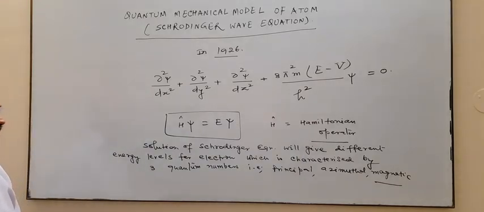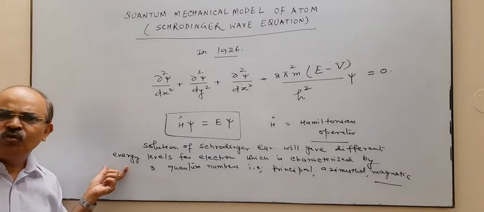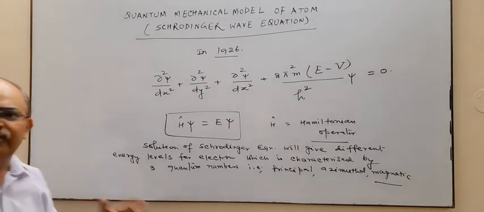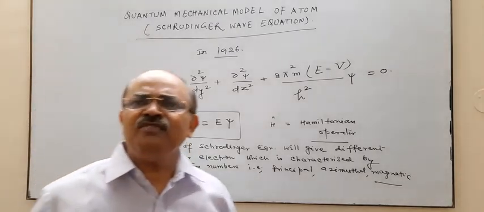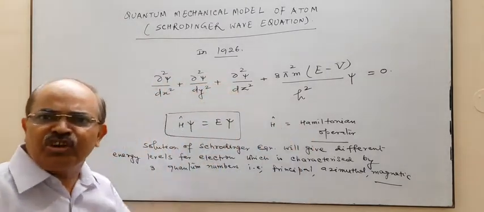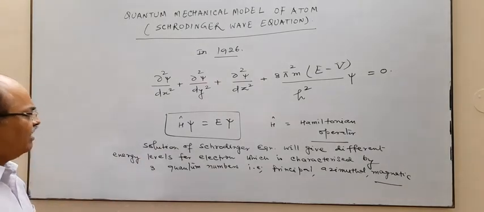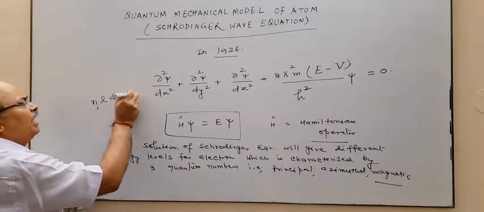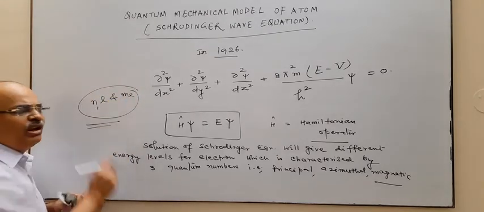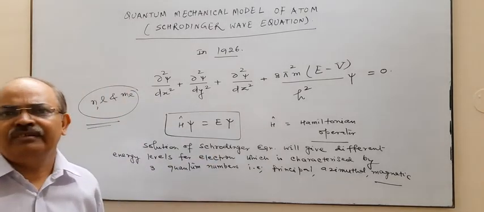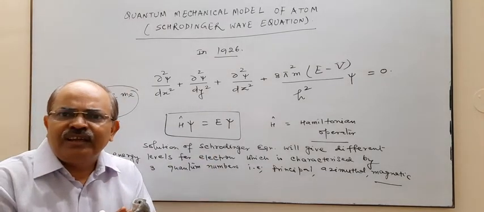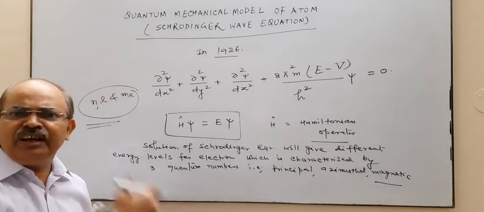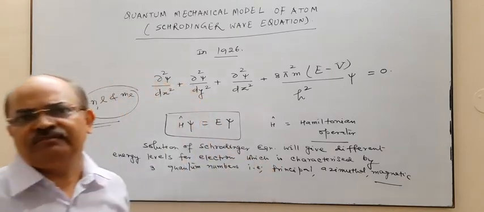Means the different energy levels obtained by solving the Schrodinger equation are characterized by a set of three numbers, n, l and ml, which are known as quantum numbers, as they characterize different energy levels for an electron.